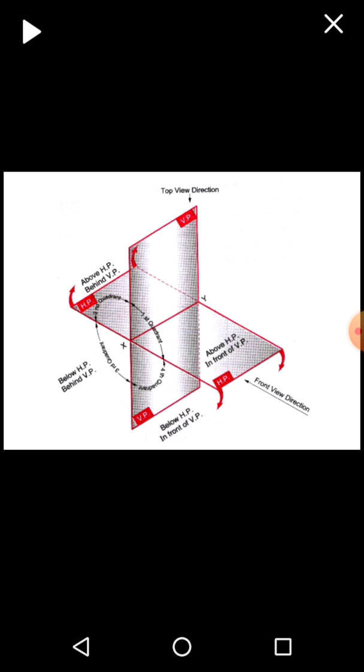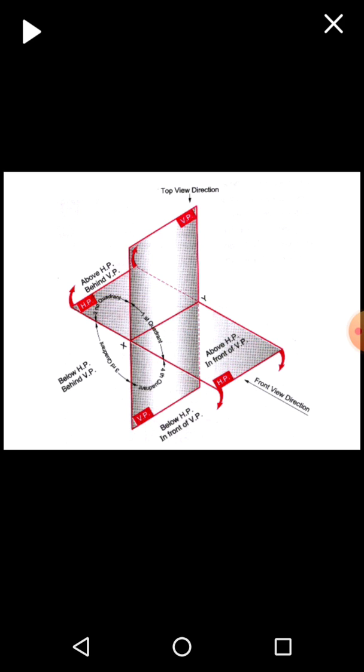If the object is placed in the second quadrant, we call it the second angle projection method. Similarly, if the object is placed in the third quadrant, we call it the third angle projection method. And if the object is placed in the fourth quadrant, we call it the fourth angle projection method. Out of these four methods, we generally keep the object either in the first quadrant or in the third quadrant. We never keep the object in the second quadrant or the fourth quadrant.